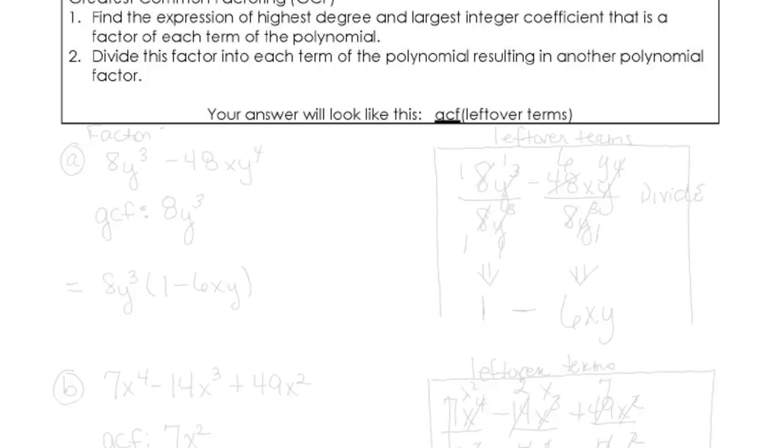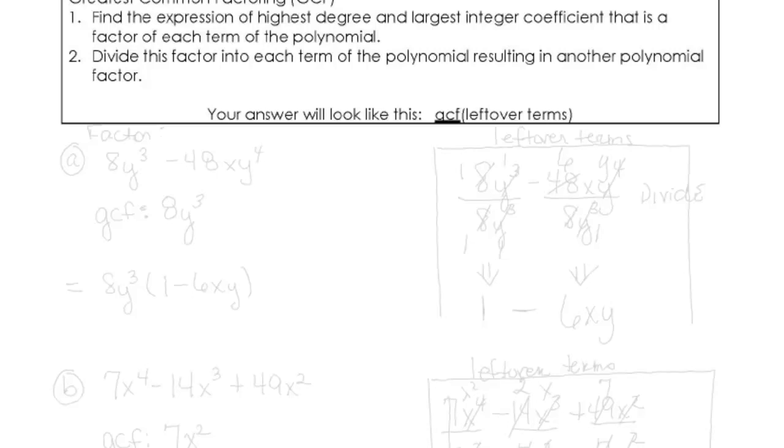Now, when it comes to variables, let me say this. In order for you to find a GCF, it depends on how many terms you have in the polynomial, but you want to be able to take something out of every term. If you have a polynomial of 4 terms and you're looking for a GCF, you want to be able to take something out of all 4 terms at the same time.